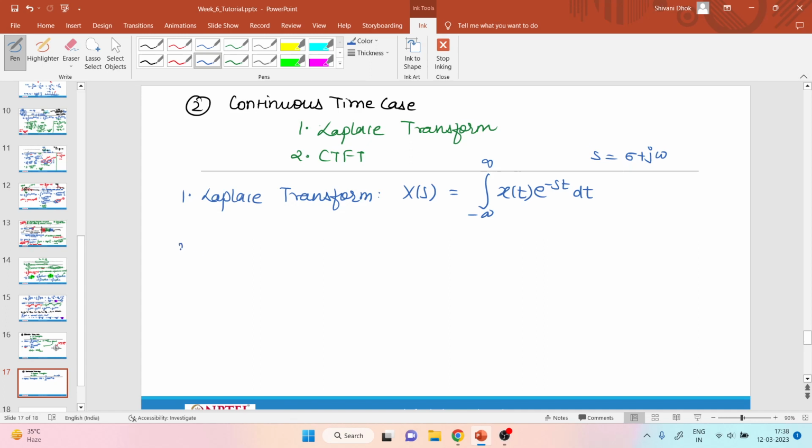And the CTFT is X of omega equal to integral from minus infinity to infinity x(t) e power minus j omega t dt.